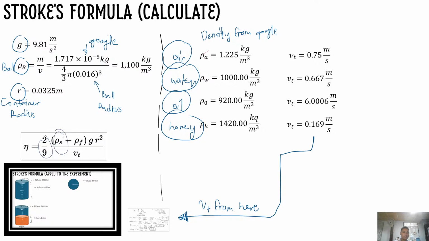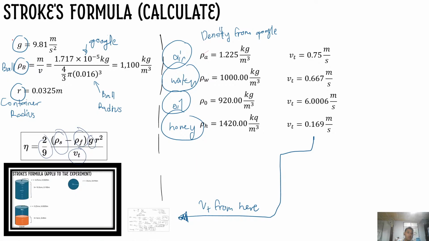This density is for the rubber bouncy ball, and this one is for the liquid, which we change. The gravity is constant. For the radius, we use the container radius. The terminal velocity is also different in different liquids.